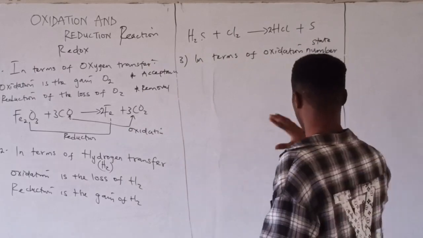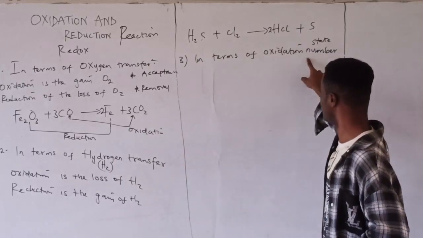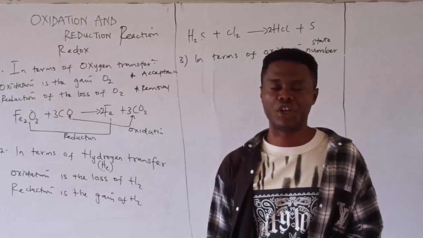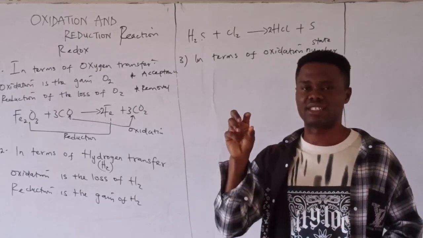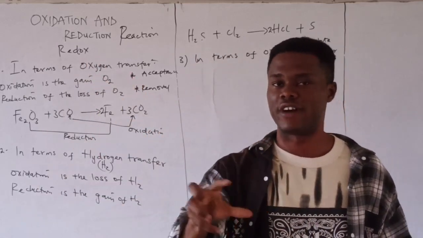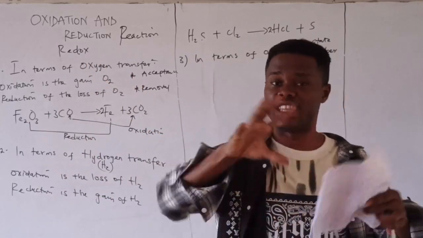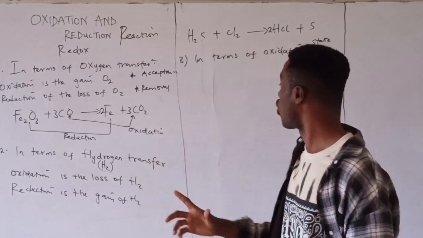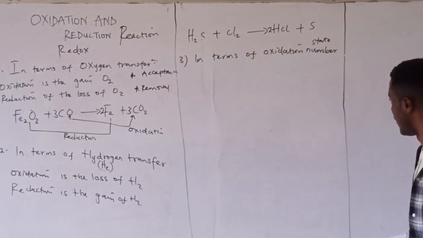So when the number that you assign to each of the atoms of an element in a molecule gives the net charge, that is called the oxidation number.